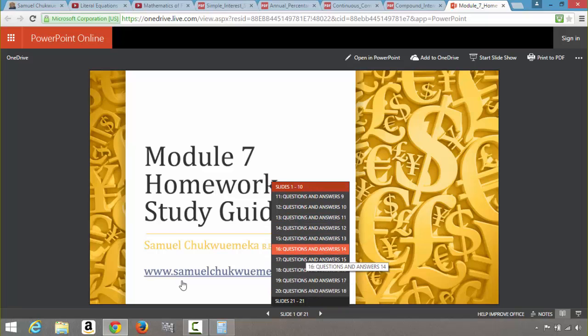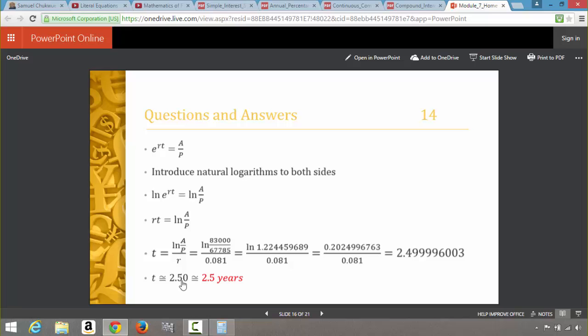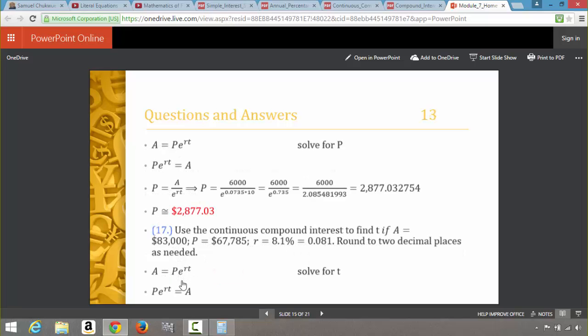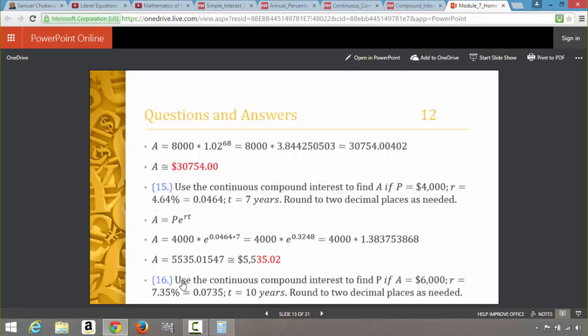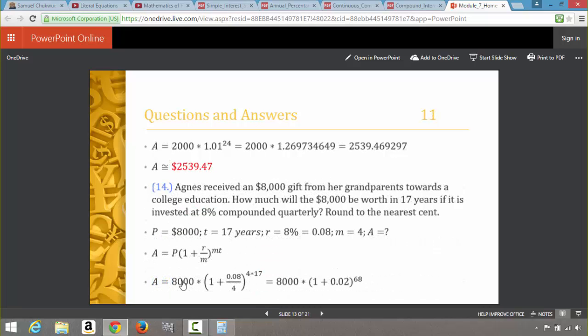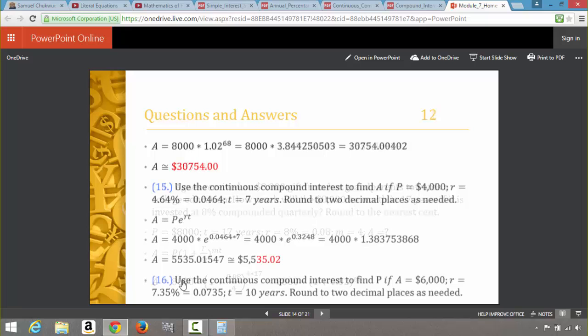So question 14 right here. Oh, that's not question 14. Okay, there you go. Oh, it's still not in red. All right, but don't worry, I will have it in red color. Oh, the answers are in red. Yeah, the answers are in red.